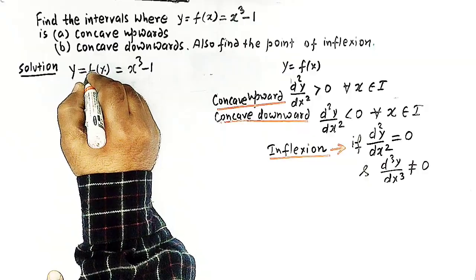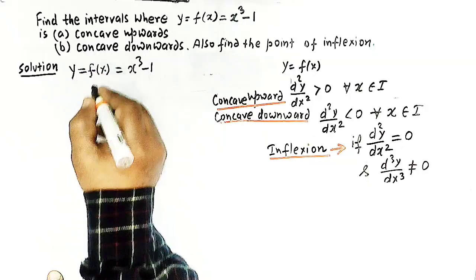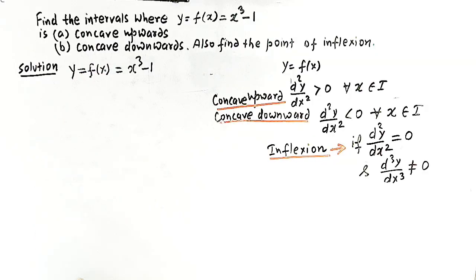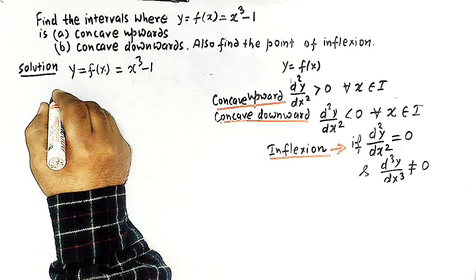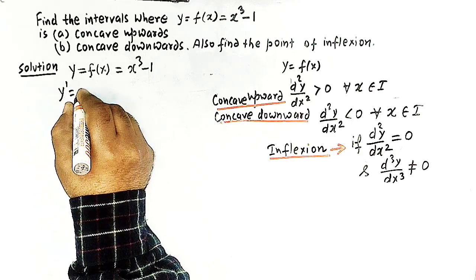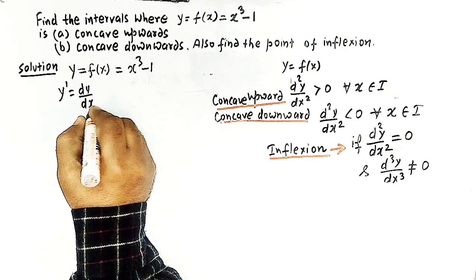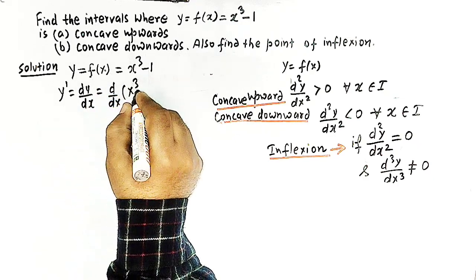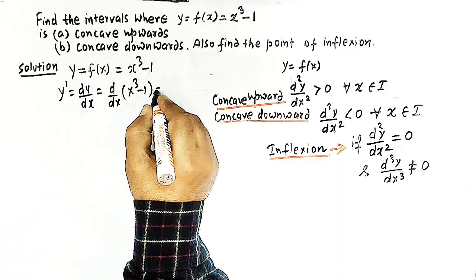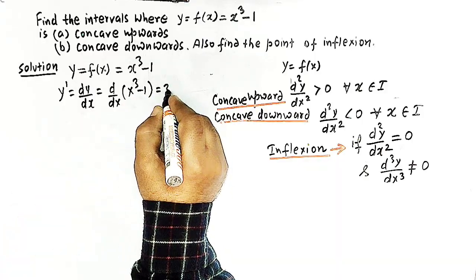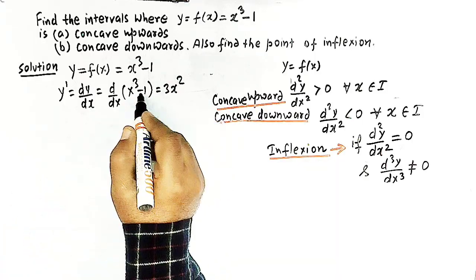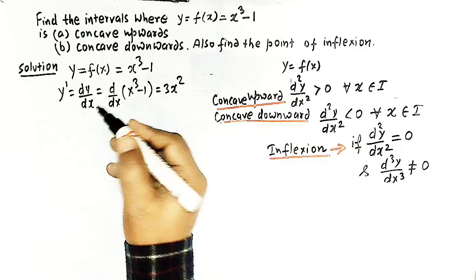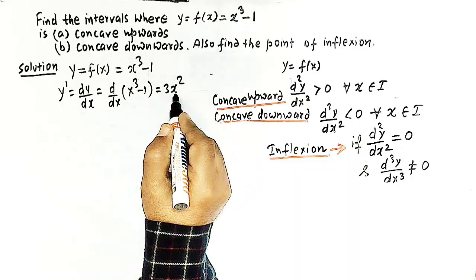We'll first find the first derivative, that is y prime, dy over dx of x cube minus 1. The derivative of x cube is 3x square, and the derivative of 1, being a constant, is 0.